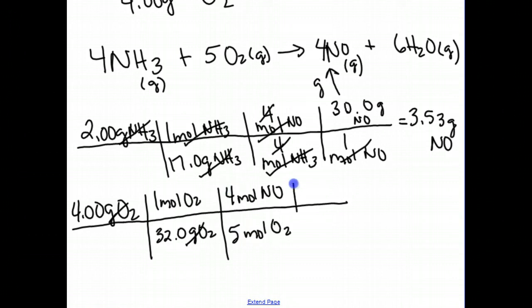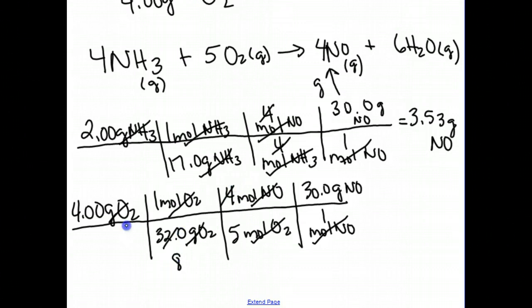That's from our balanced equation. Moles O2 is going to cancel. And then finally, we have 30.0 grams NO for every mole NO. That's from the periodic table, our molecular weight. So we have 4 that can cancel with the 32 and make an 8 down here. So we have 4 times 30 divided by 40, 8 times 5. So this is going to equal 3.00 grams NO.